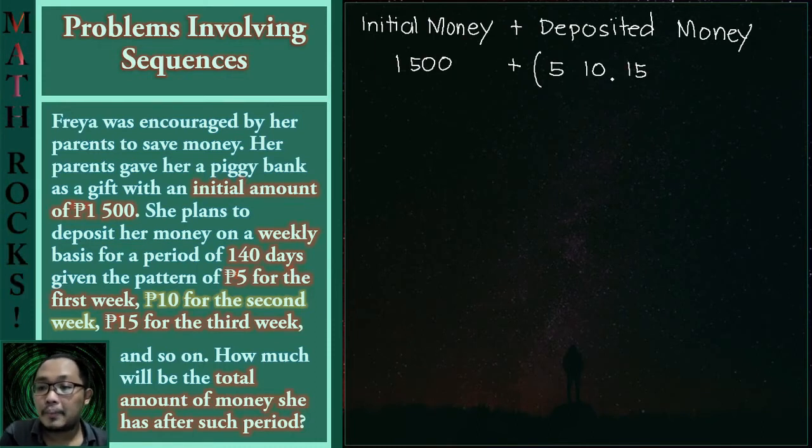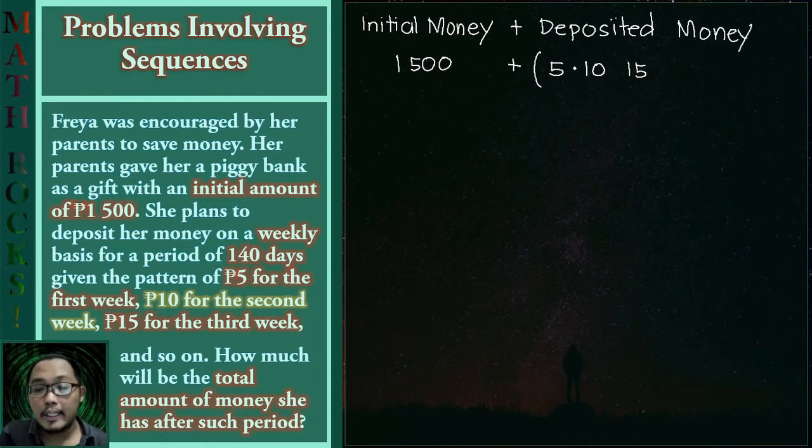You will notice that it actually comes with a pattern of adding 5 to the previous number so that we get the next number, 10. And if we do the same here, adding 5 would give us 15. So this pattern continues until the last week.